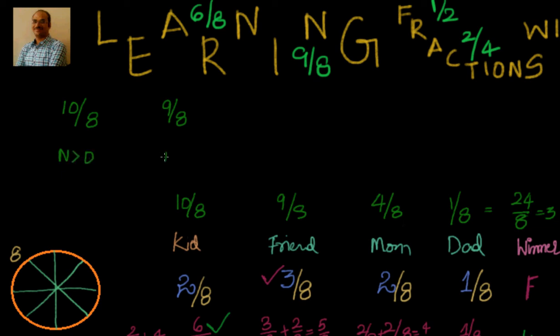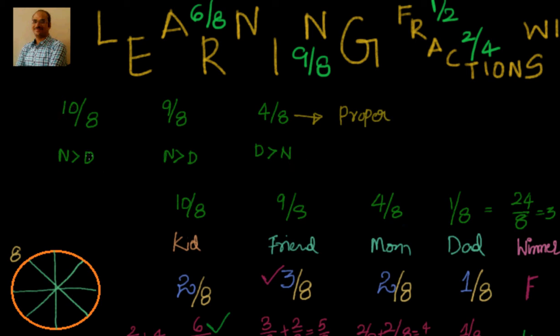Whereas, if you take a fraction like 4 by 8, here the denominator is greater than the numerator. So, if in a fraction the denominator is greater than the numerator, those fractions are called proper fractions.